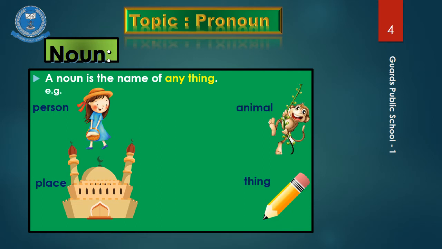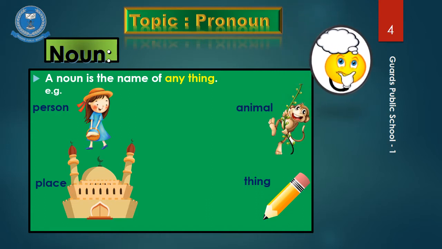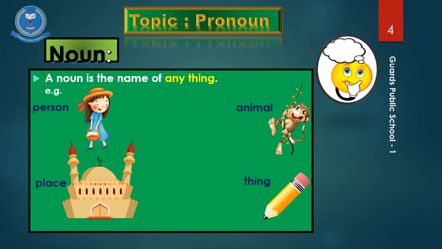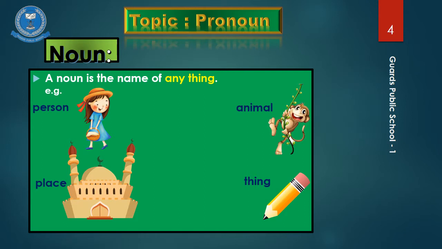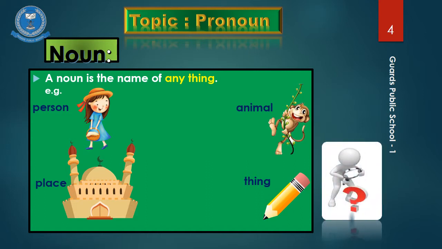So, मैंने आप लोग को पहले noun क्यों बताया? Because the word pronoun itself has the essence of the word noun. क्या मतलब हुआ इसका? It means that there is some connection between noun and pronoun. But what's that? So, let's go through some examples.